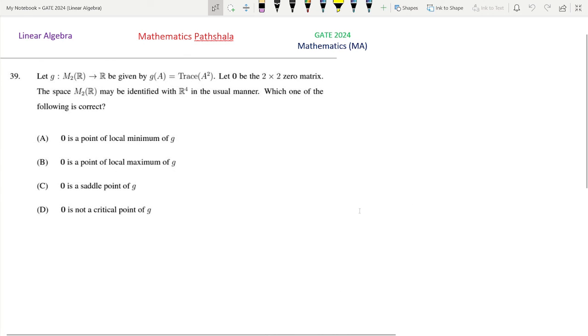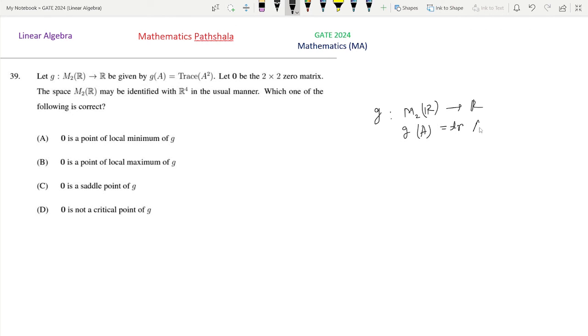So first see how the function is defined. This function G is defined from M2(R) to R by G(A) equals trace A square.